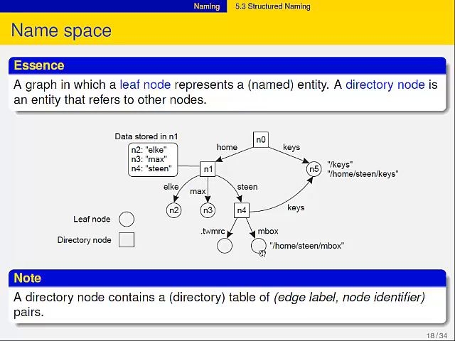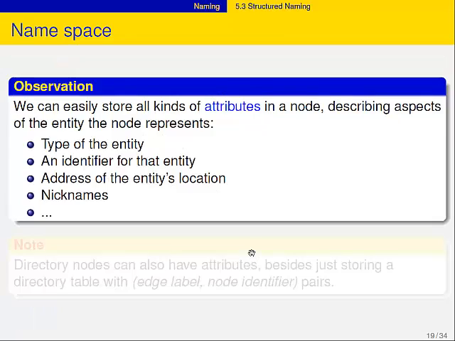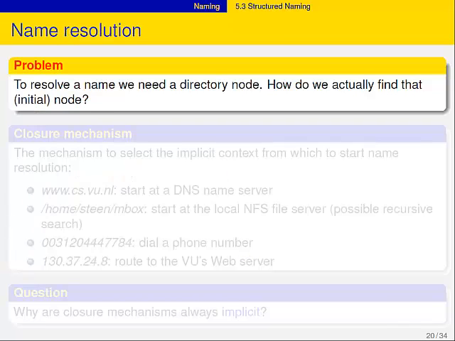And you can do this by going to every one of these nodes saying, listen, what's this part of the path name, okay? So you start over here, you have home. You ask N0 where home is, says, go ask this guy. Now you're at this guy, he says, okay, give me stain. Oh yeah, go to that guy over there because he knows more about stain. And then you go to mbox. Okay. So in order to resolve a name, I need to go to a directory node, to the root one.